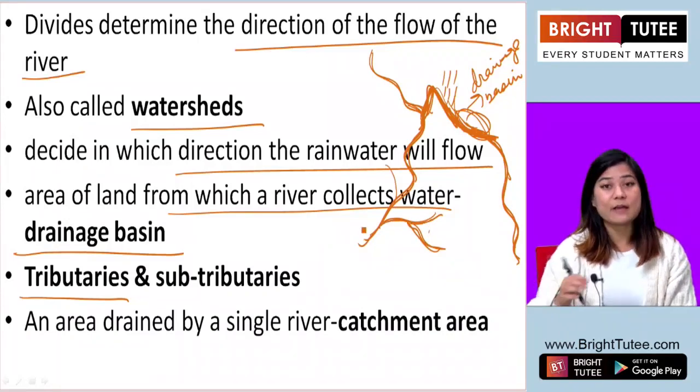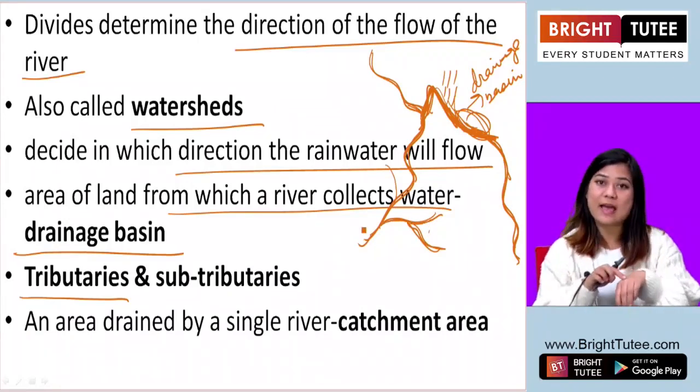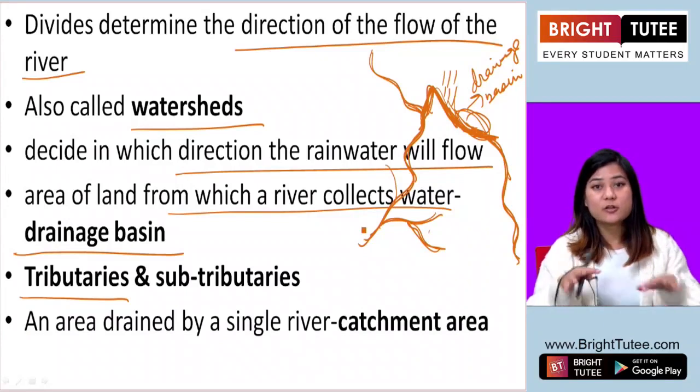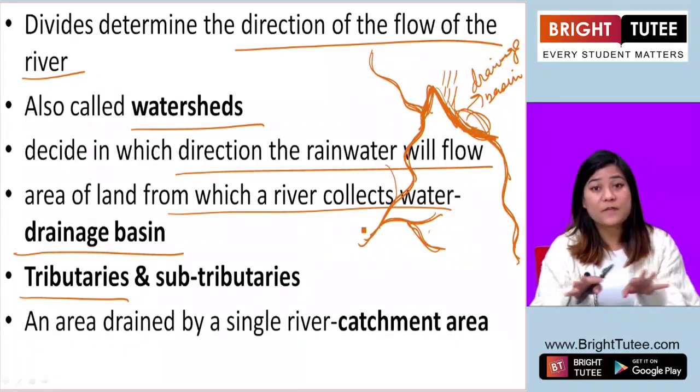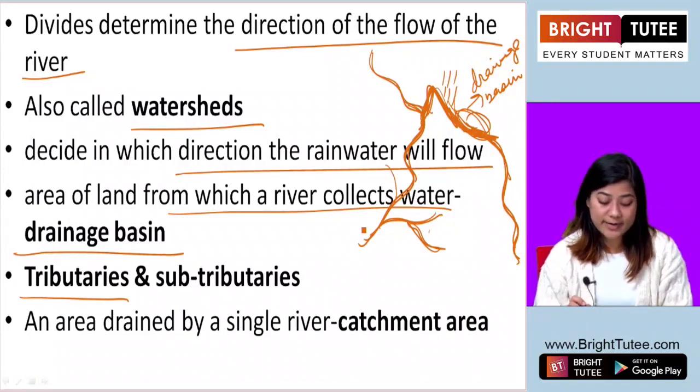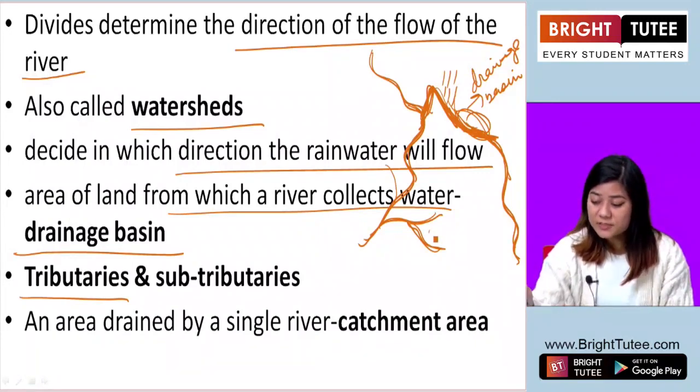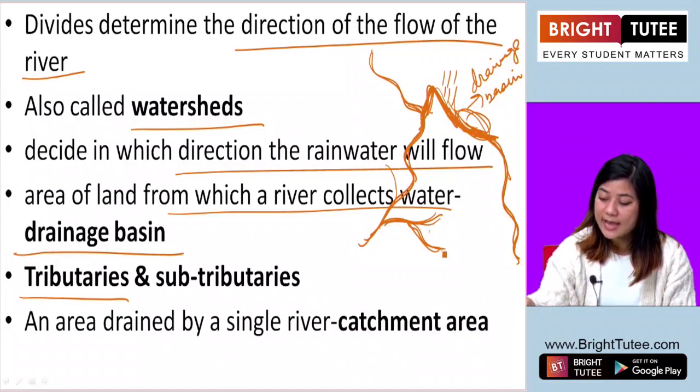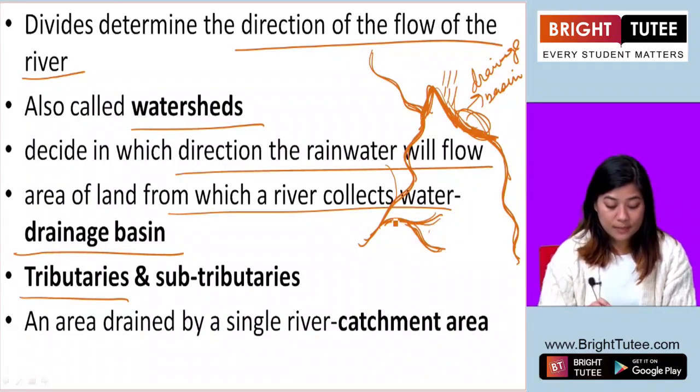So it looks like veins, the veins that we have on our body, right? So it looks like a vein that the river system forms. The river system also has tributaries and sub-tributaries.